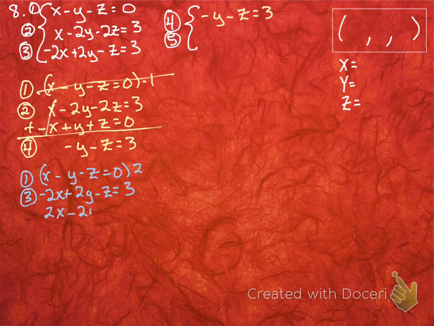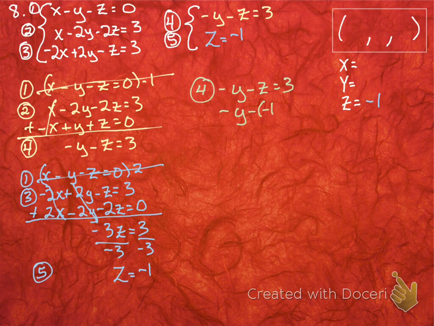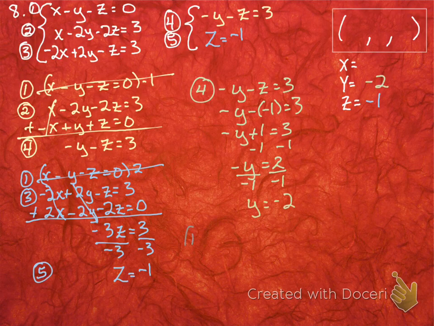Then we'll use 1 and 3. Multiply the first one by 2. We end up with equation 5 because our x's and our y's cancel out. We end up with z is -1 as equation 5, which is our first variable. We'll plug our first variable into equation 4, and we get y is equal to -2.